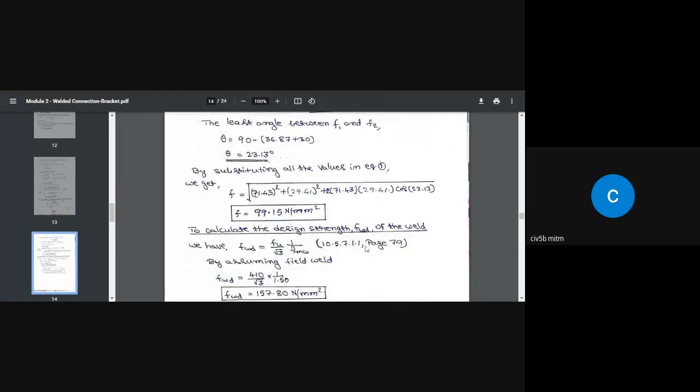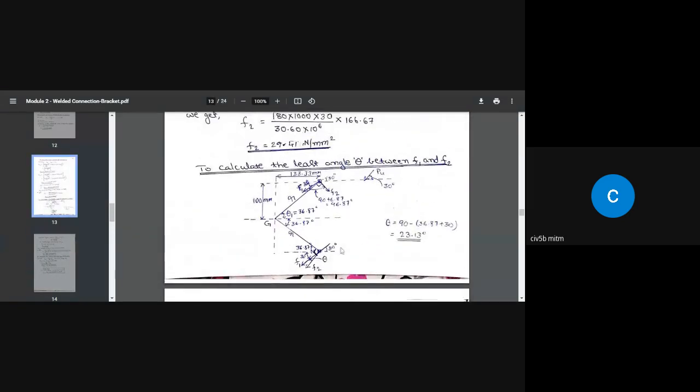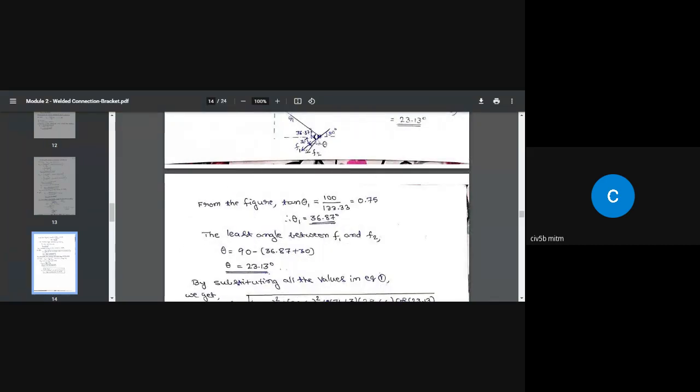So any unit area of the weld along this is going to be less than this value. The highest shear stress is 99.15, again occurring in this area of the weld.